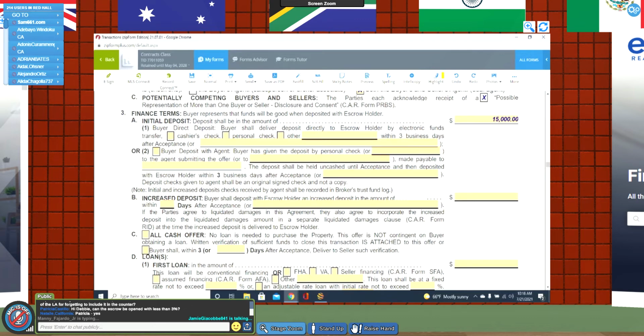What if they have an inspection and the inspection comes back that there's issues with the house, and the seller's not willing to do anything about it, and the buyer hasn't removed their contingency for that? Then they have the right to cancel, and they should have the right to get their deposit back if they have not removed that contingency. However, the law is not black and white, folks.